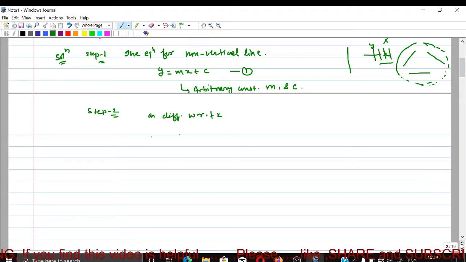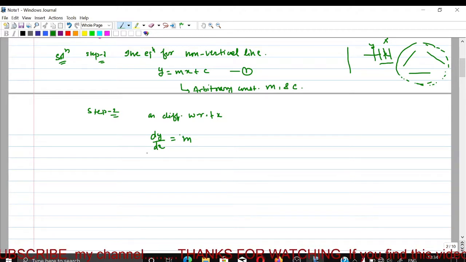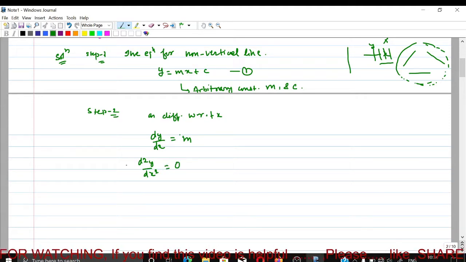In step 2, differentiate the equation with respect to x. So dy upon dx equal to m, and c is a constant, it will become 0, and again differentiating this equation with respect to x, d2y upon dx2 equal to 0.